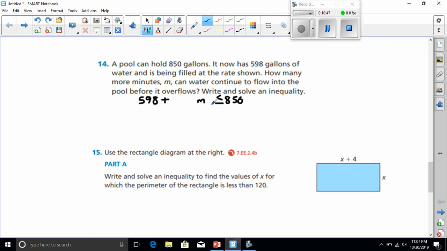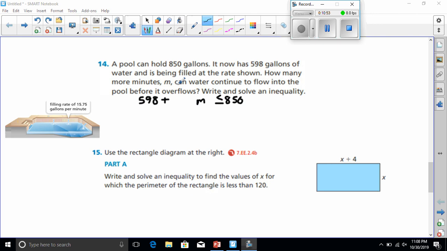Let me go see if I missed a picture or something to add onto this clue. And there you go. I found the picture that goes with it. And it says that it's filling at a rate of 15.75. So I'm going to have to multiply that times the minutes, because that's what it's asking, how many more minutes.